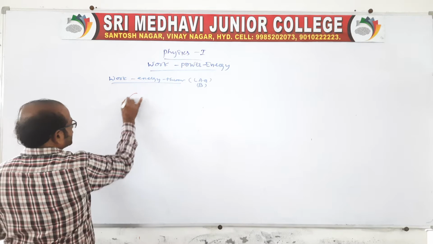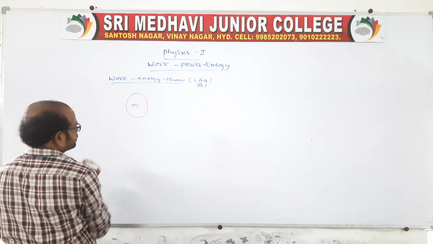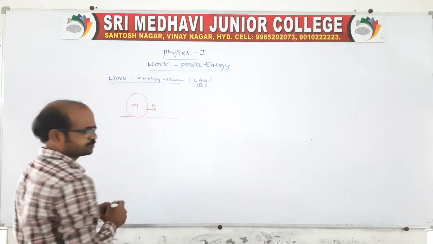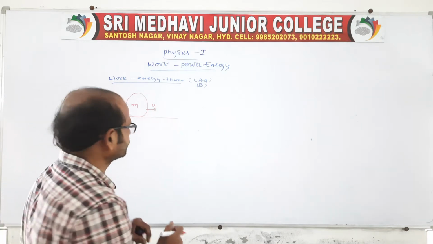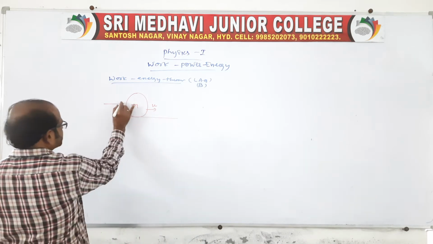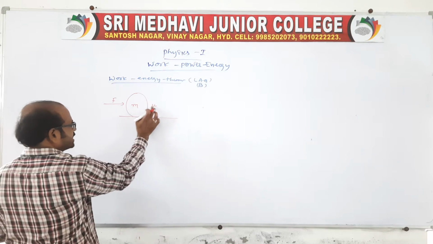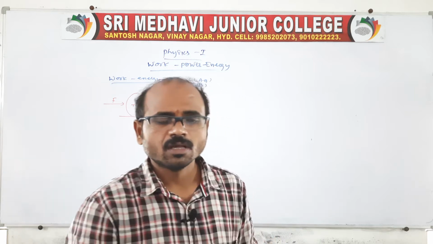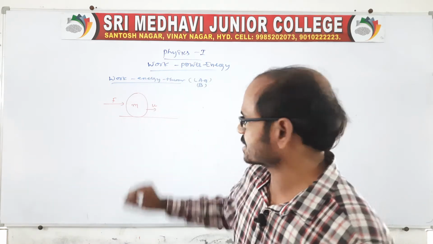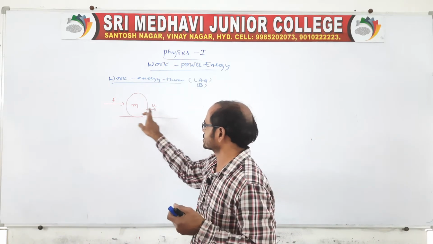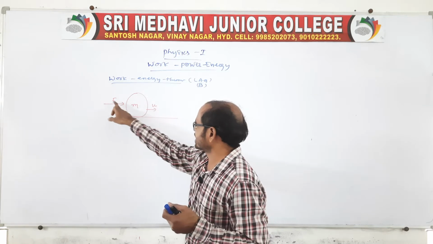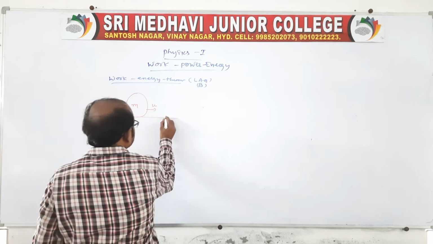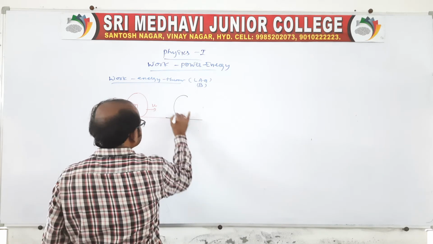Let us consider a body of mass m which is initially moving with velocity u. When a force F is applied on the body, the velocity changes because of the applied force.